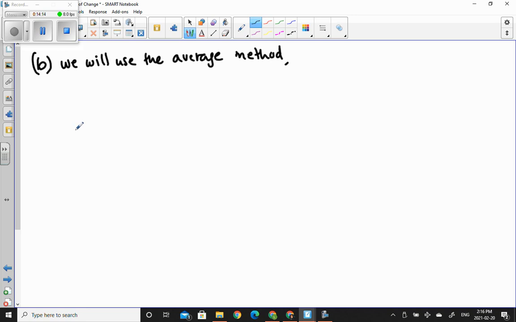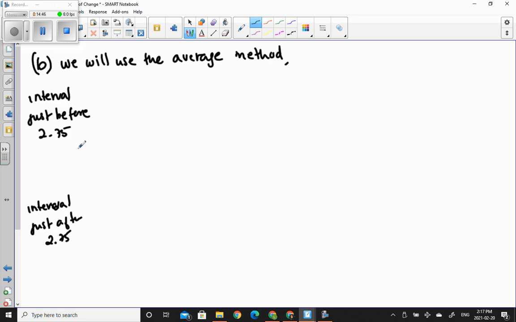So we're going to take an interval just before 2.75 and find the IROC there, and then find an interval just after 2.75 and find the IROC there. And if you can show that this is going from positive to negative, then it's definitely a maximum point.